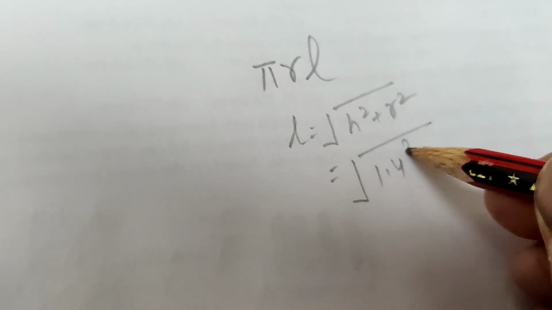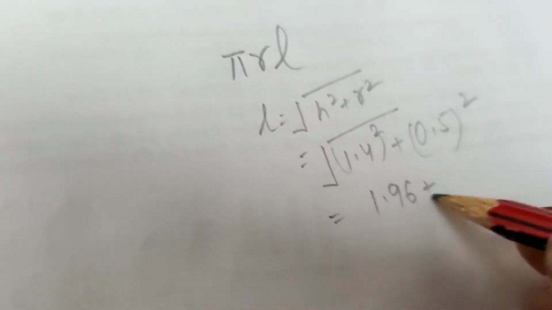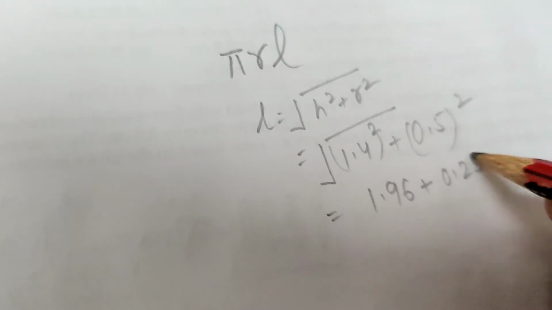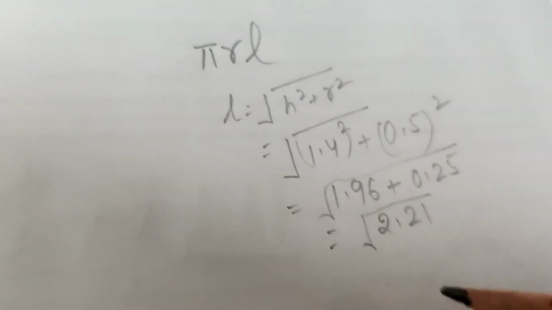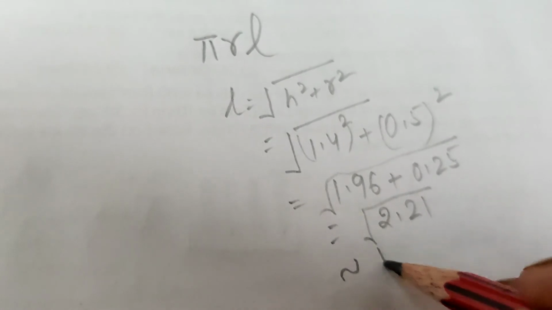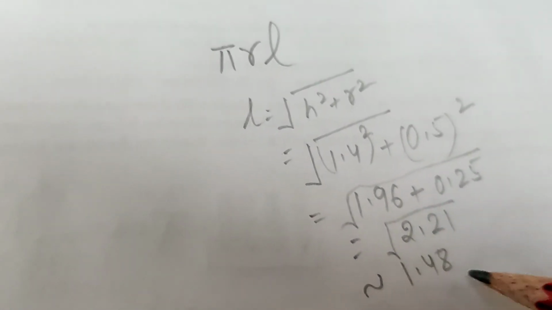The height of the cone is 1.4 square and r is 0.5 whole square. Now 1.96 plus 0.25, square root of this is 2.21. The square root of 2.21 is approx 1.48.